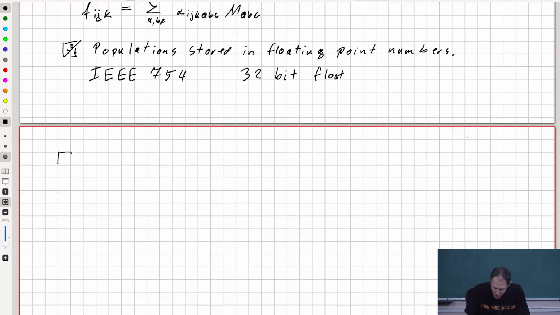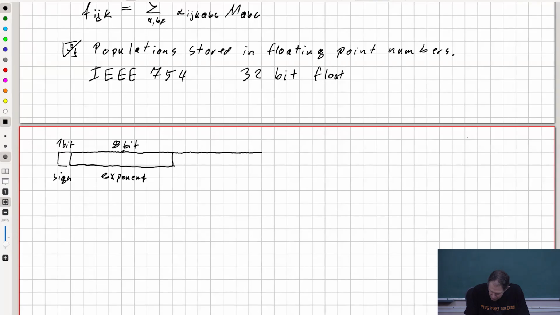Okay, so we need a new page. So how does this thing look like? We have 1 bit as a sign, so whether it's a positive or negative number, then we have 8 bits for the exponent, and then we have 23 bits in the fraction.